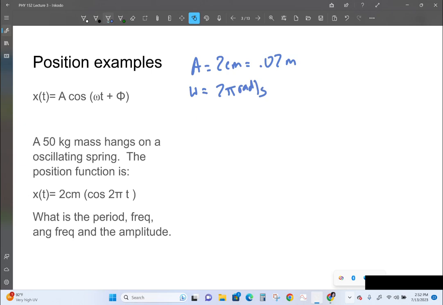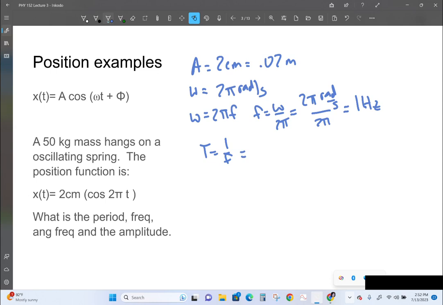The frequency is going to be related to that, or 1 hertz, and the period is 1 over f, which is 1 over 1, or 1 second.